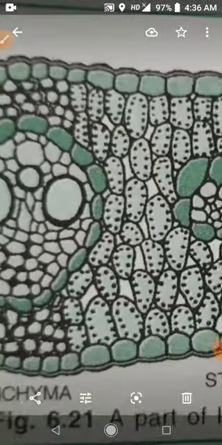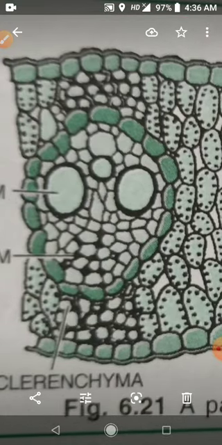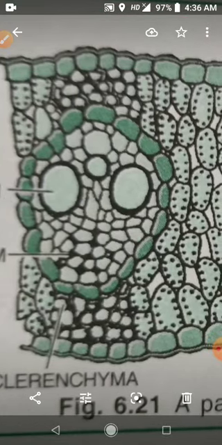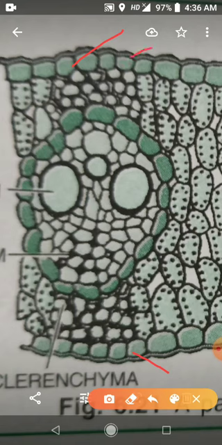So, children, you see in the leaf, this is the upper epidermis and there is the lower epidermis. On the outer surface of the upper epidermis, there is a thin layer of cuticle, and this structure is called the vascular bundle.